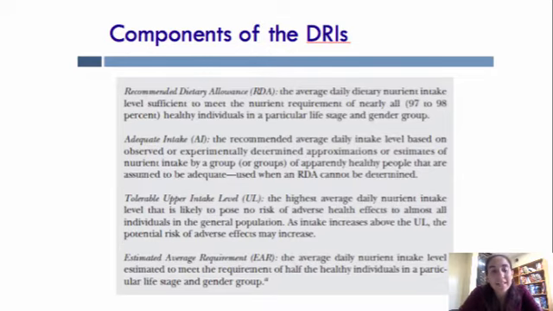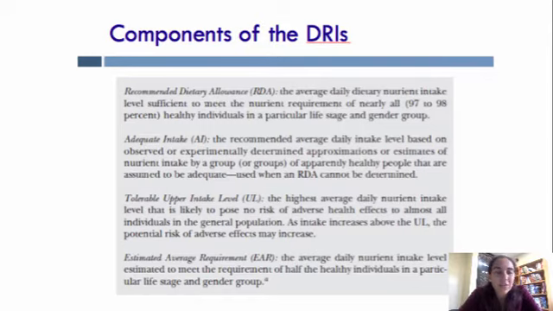So the EAR must be based on significant evidence. The RDA is going to be set at a higher level than the EAR. It's actually 2 standard deviations above the EAR.